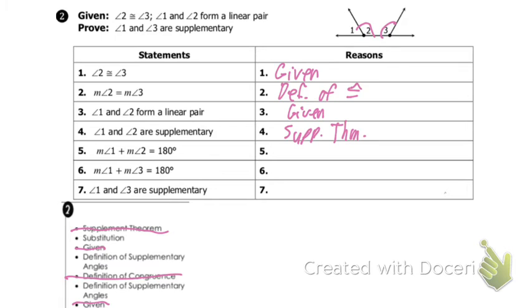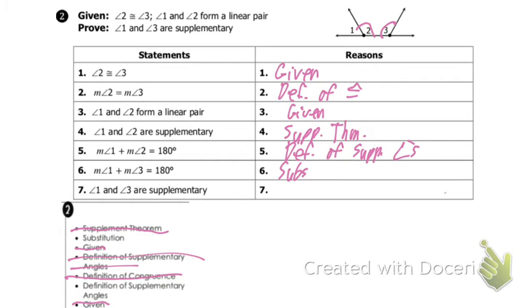Angle 1 and angle 2, their measures add up to be 180 degrees. We went from words to math. Words to math: definition of supplementary angles. So now, on 5 to 6, it is substitution.